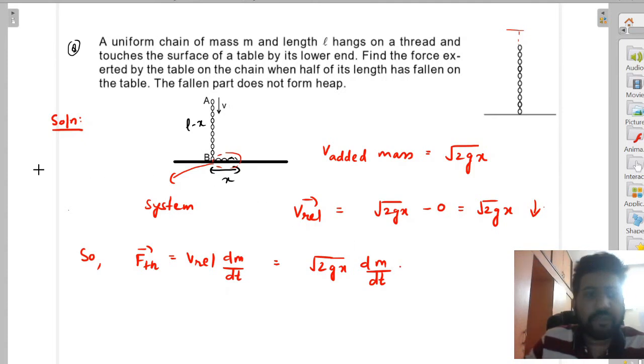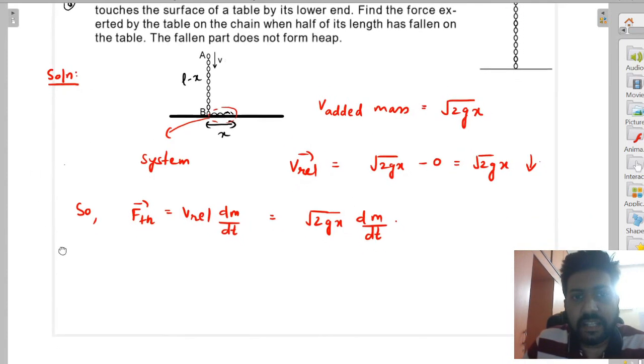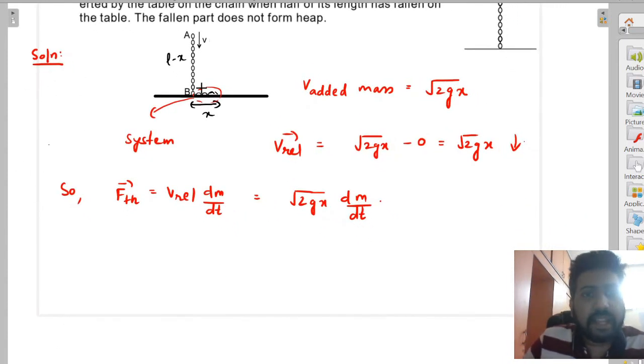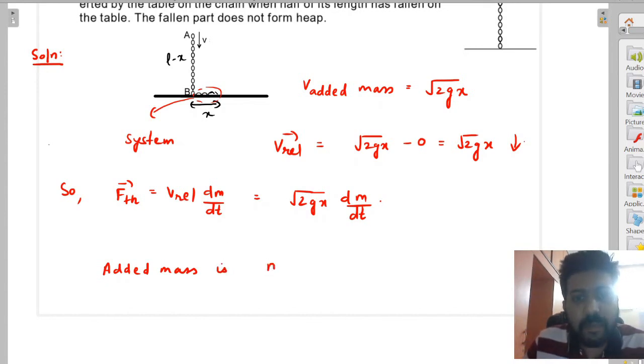Now we need to find dm by dt. At any instant this length is x. So what is the mass at this instant? The added mass is m by L into x.